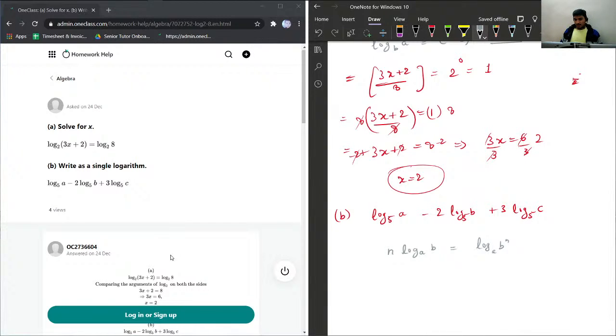If I use this property on the middle term and the last term, I can write this as log of a with base 5 minus log of b square, plus log of c cube.